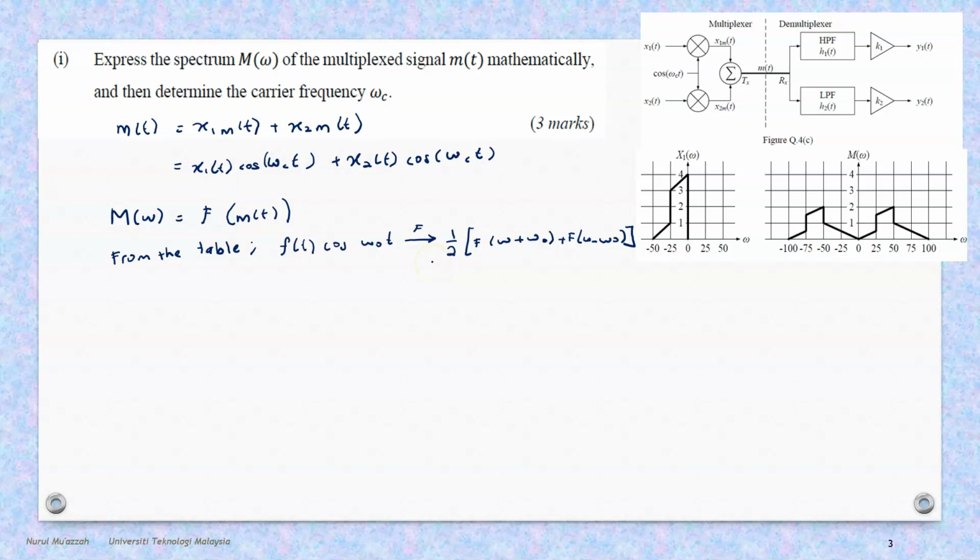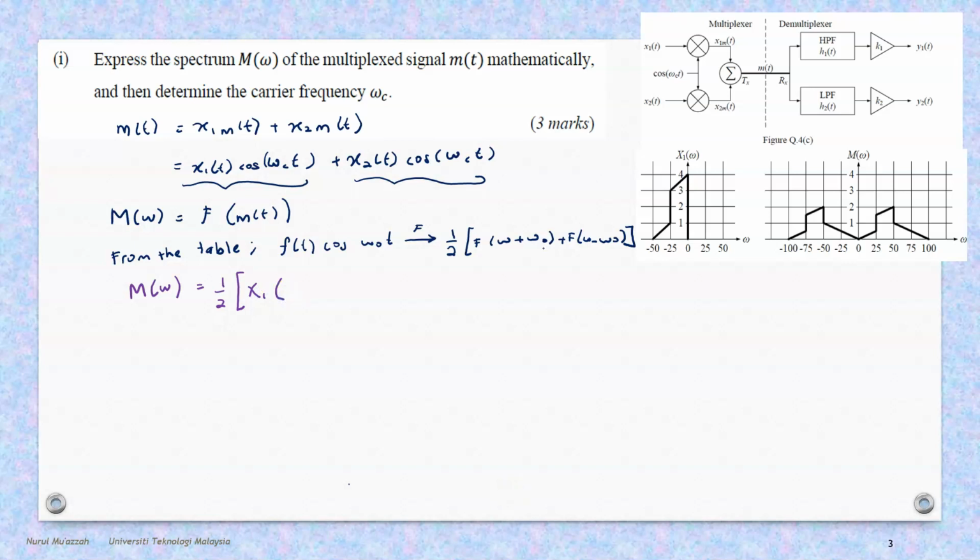So what we need to do here is Fourier transform this part, and also Fourier transform this part. So we write M(omega), the Fourier transform of m(t), meaning the Fourier transform of the whole equation here. This first part is 1 over 2, and we write it in terms of X1.